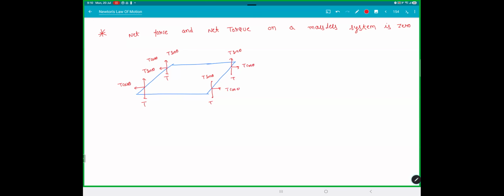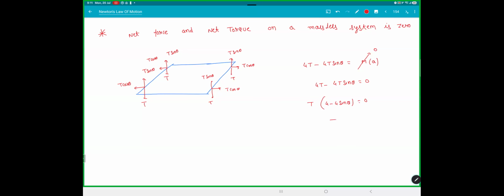T cos theta will anyway cancel. This will be 4T minus 4T sin theta is mass into acceleration. Mass into acceleration term is zero. Therefore, 4T minus 4T sin theta is zero. Take out T common, you'll end up with 4 minus 4 sin theta is zero.